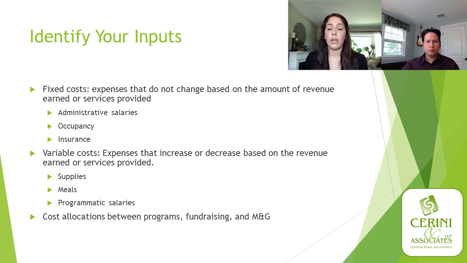That should include how you're allocating salaries, whether that be with time studies or other estimates, how you're allocating your space and utilities, is that based on square footage, and even breaking it down further, how are you allocating between multiple programs if that applies to your organization as well? Just because someone is program staff, how are you allocating their costs across different programs?